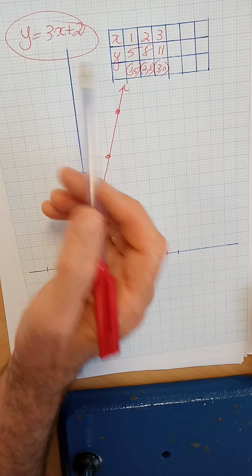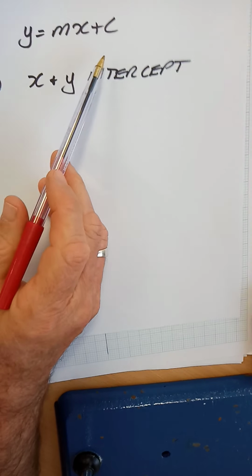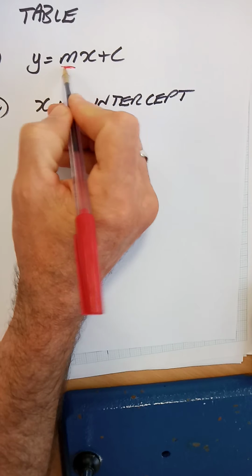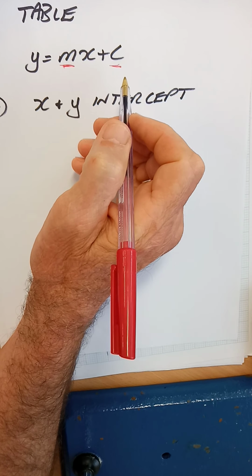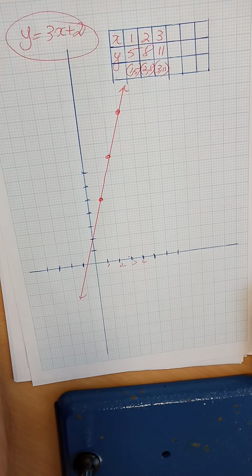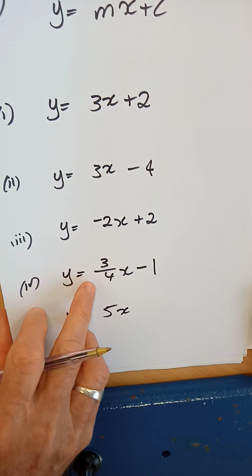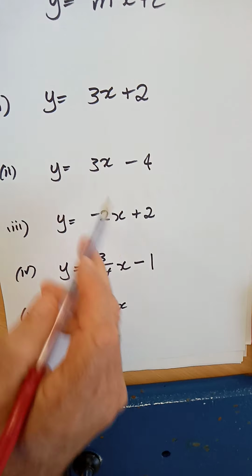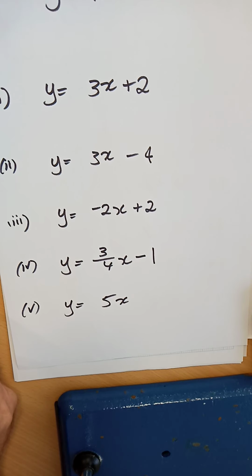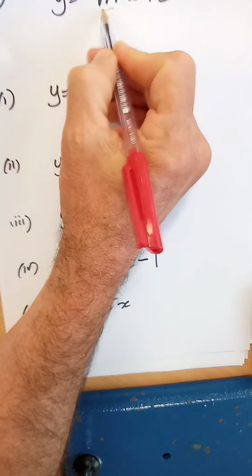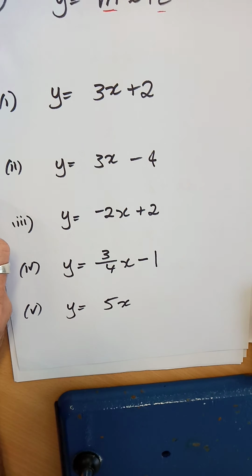Now, the second method was y equals mx plus c. Remembering m is the gradient and c is the y-intercept. So, let's look at these examples here. y equals 3x plus 2, and we're going to graph all of these simply just using it. Now remember, m is the gradient, c is the y-intercept.